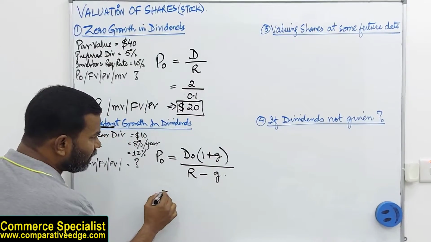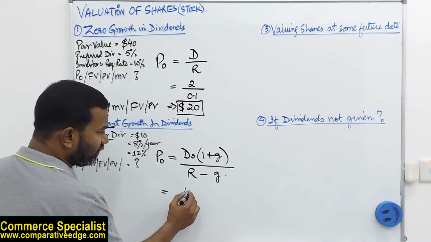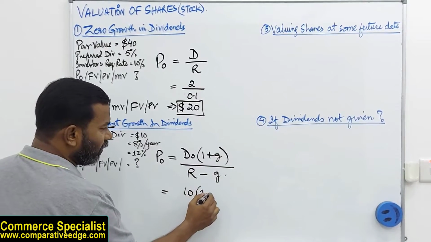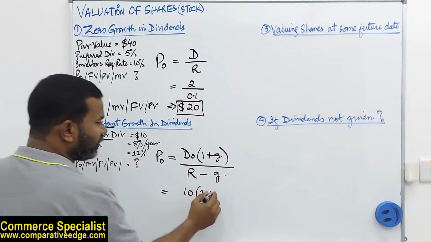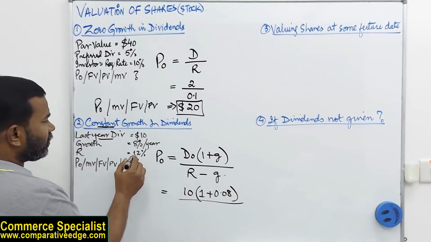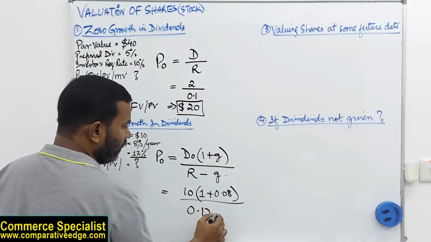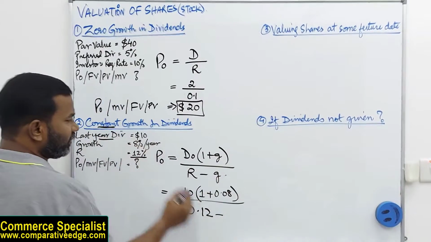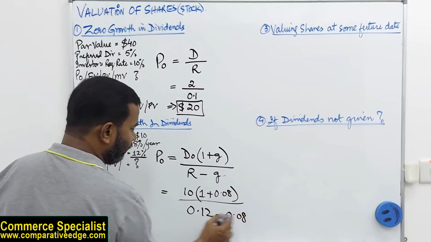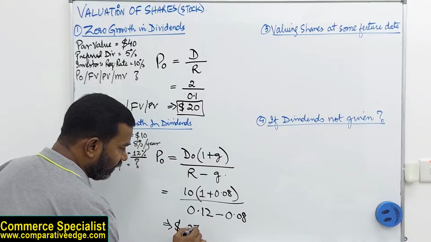Here you need to understand D naught is the dividend paid last year, which is $10. 1 is in the formula. g is the growth rate, which is 8%, which is 0.08. r is the investor's required rate of return, which is 12%, which is 0.12, minus the growth rate of 8%, which is 0.08. When you solve all this, you will get $270.